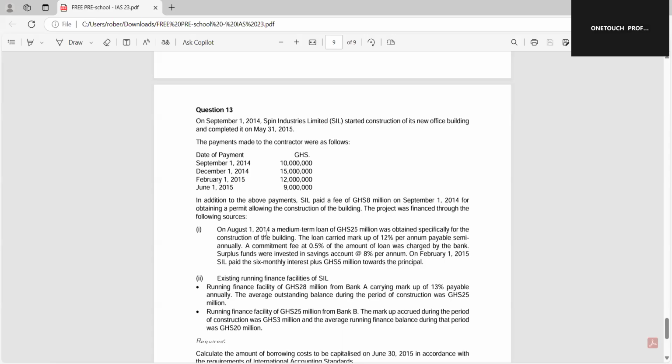Then on 1st September, we paid for the permit, 8 million. Then on that same September, we paid the 10 million. Whatever is left is available for investment from September 1st up to November 30th. True or false? True.